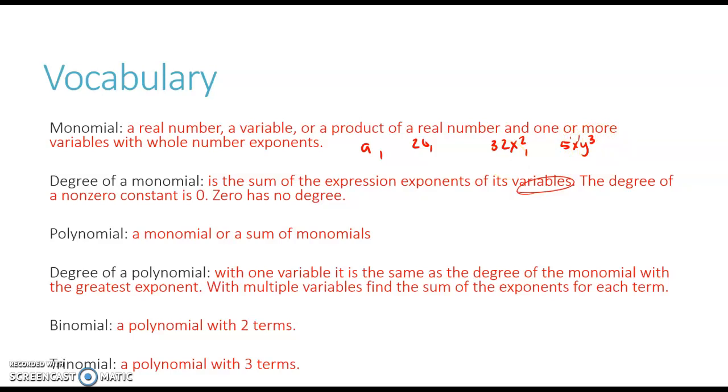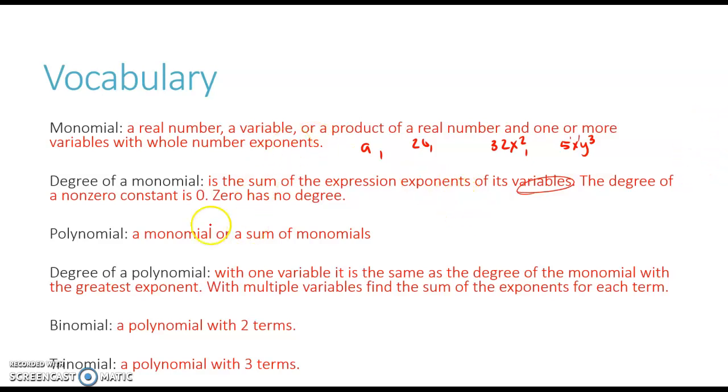That's how we figure out our degrees: if there's more than one variable, we add their exponents. If it's a constant, which is just a number, then our degree is 0 because there is no variable with an exponent.